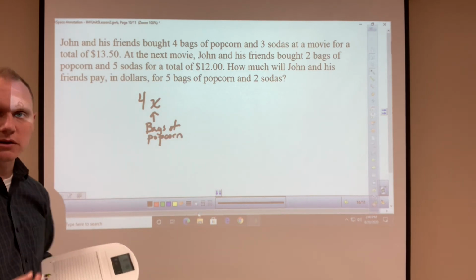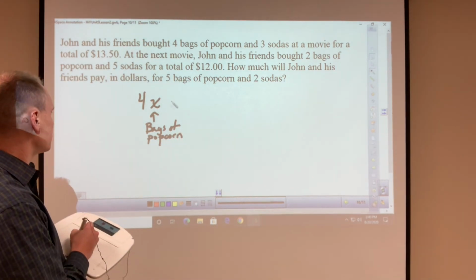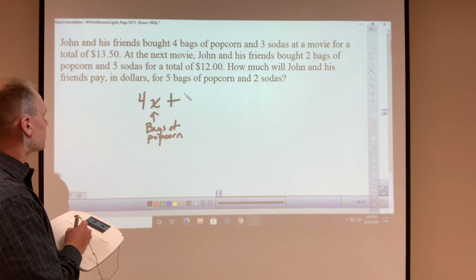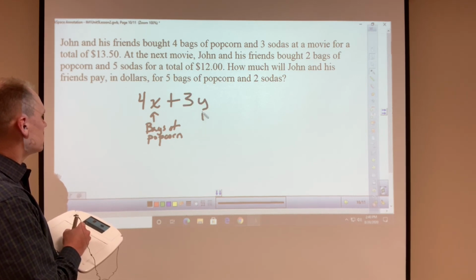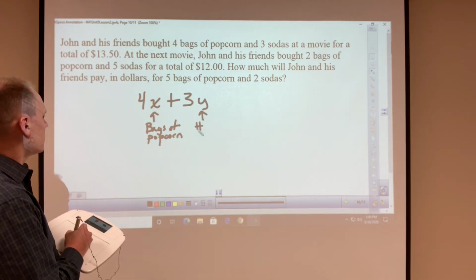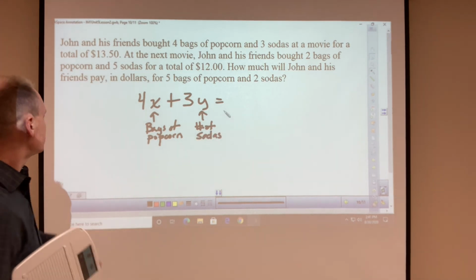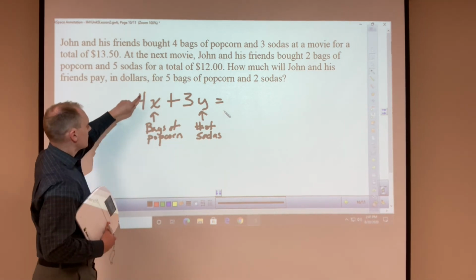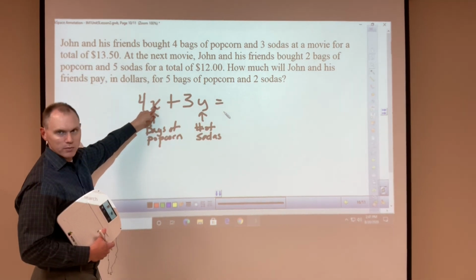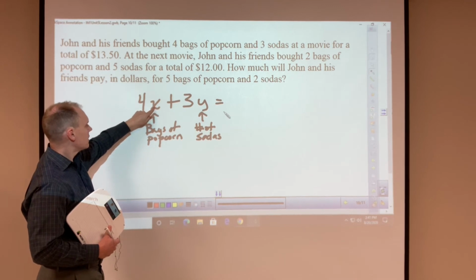You always want to define your variables so that people know what you're talking about. Plus 3y, which is the number of sodas purchased, equals, so let's see, 4x, again $4 times however many popcorns I buy here.